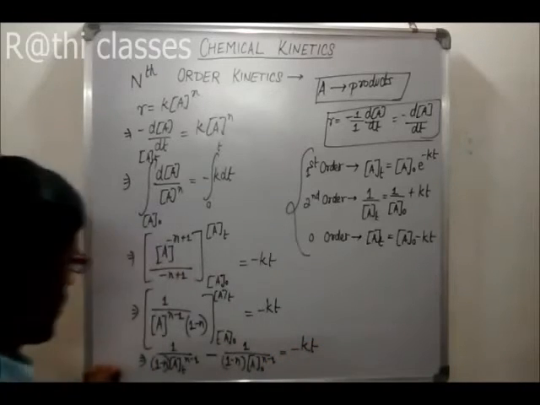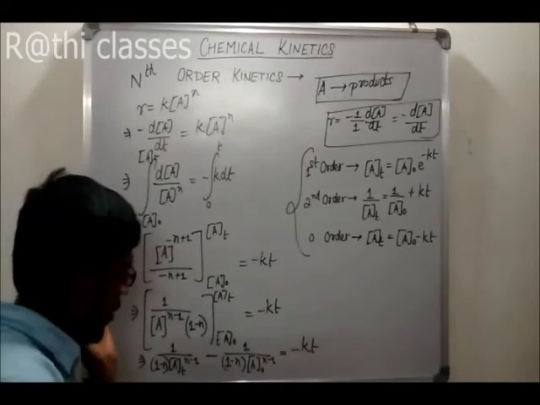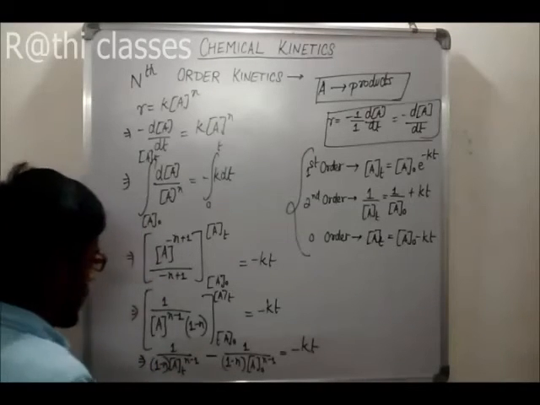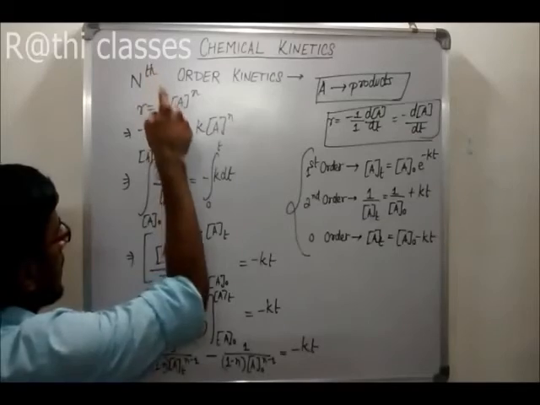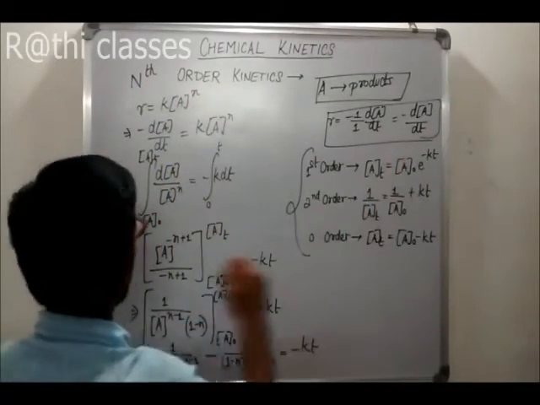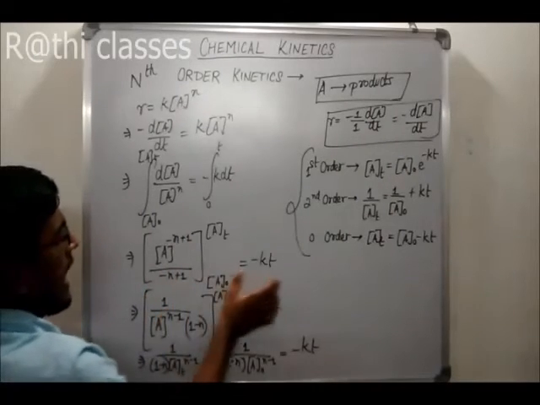Now, if I try to make it more simpler, I hope this is clear, right? dA upon a to the power n, taking it upwards, a to the power minus n, using the second formula, minus n plus 1 upon minus n plus 1, and here minus kt.